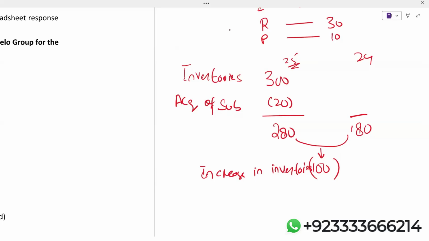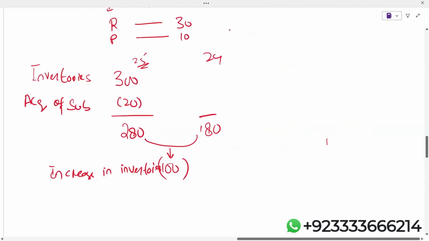Another reason: if your closing inventory increases, then logically your profit will also increase. Try to understand. If the inventory increases by 100, then your profit will also increase by 100. The more the closing inventory is, the more it increases your profit.